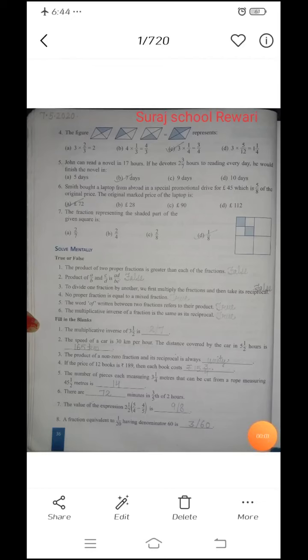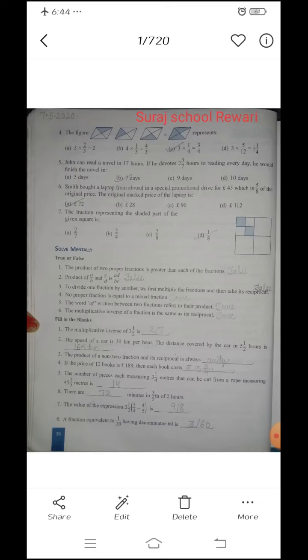Now, true or false? First question: the product of two proper fractions is greater than each of the fractions. No, this is false. Second, the product of A upon B and C upon D is AD upon BC.